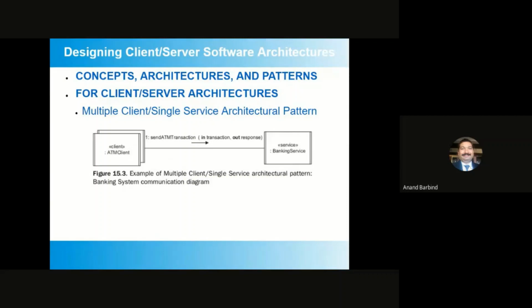Okay, so you can show this particular software architecture as a communication diagram, and in that you can show the different messages that are being passed from one node to the other node.